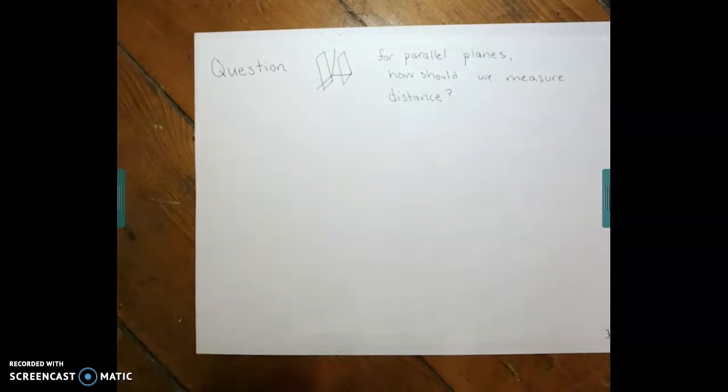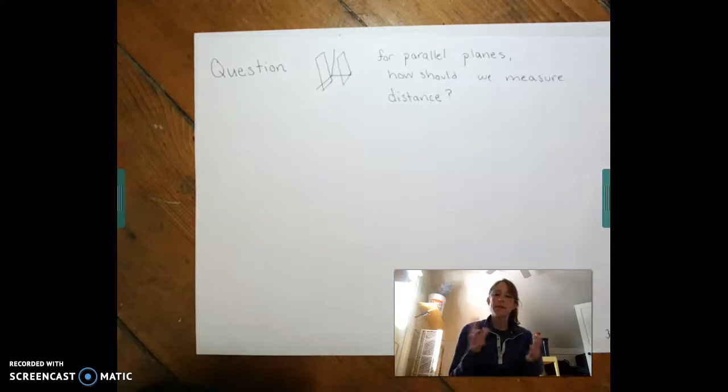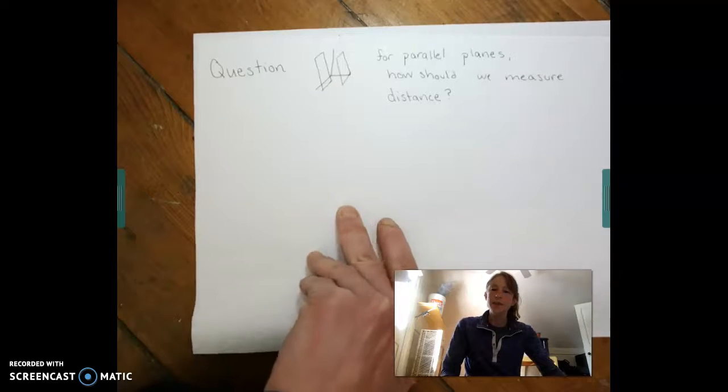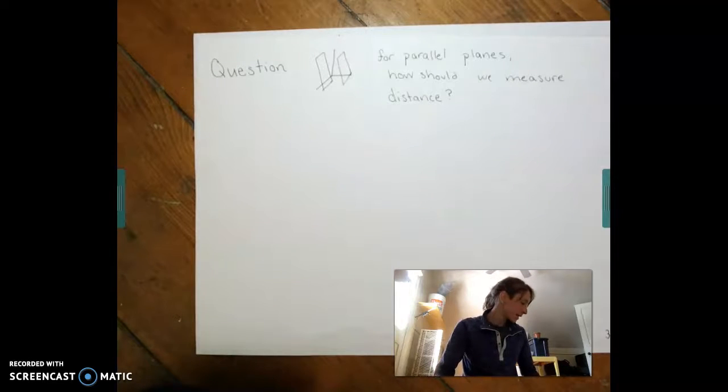But I'm hoping that you're seeing that there's this sort of interesting dynamic between the concept of distance, shortest paths, and angles, this idea of perpendicularity. And geometry, as you know, is all about distances and angles and shapes and things like that.